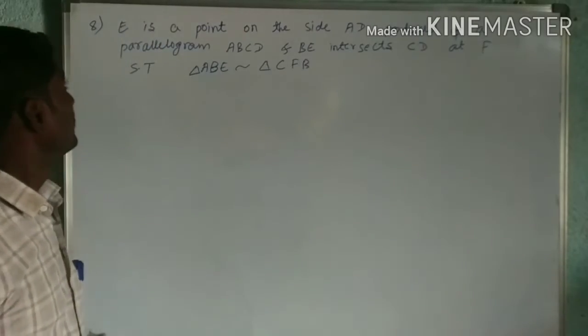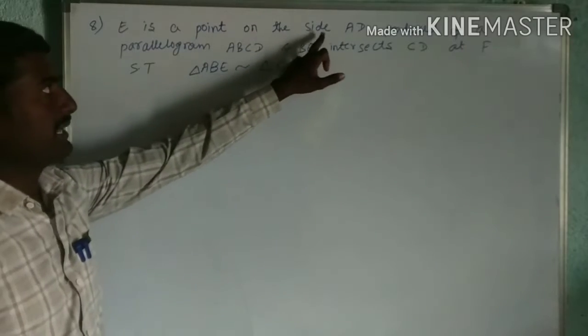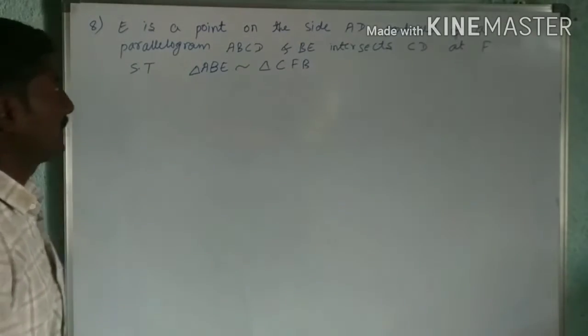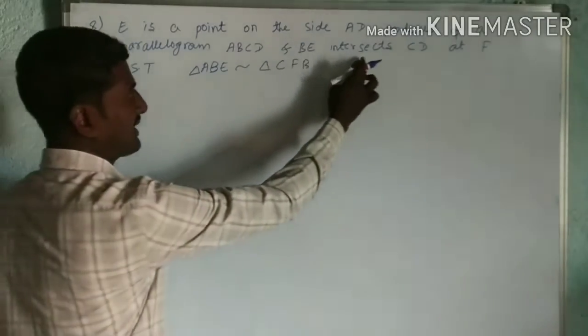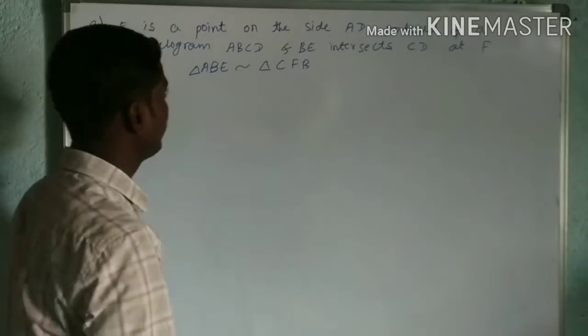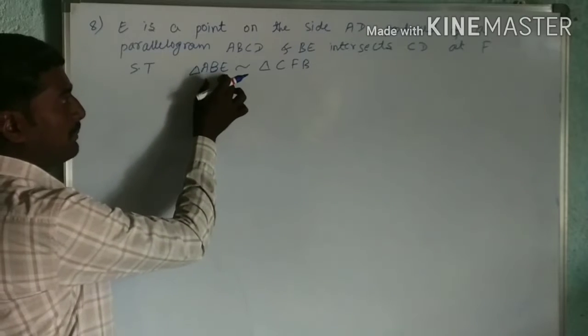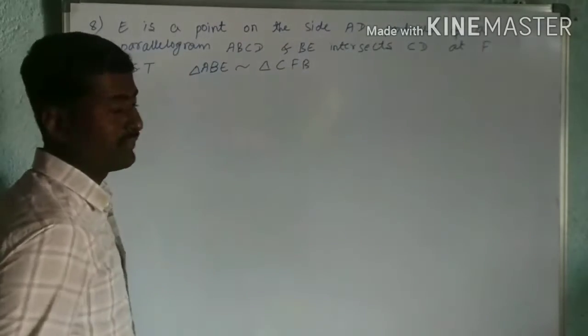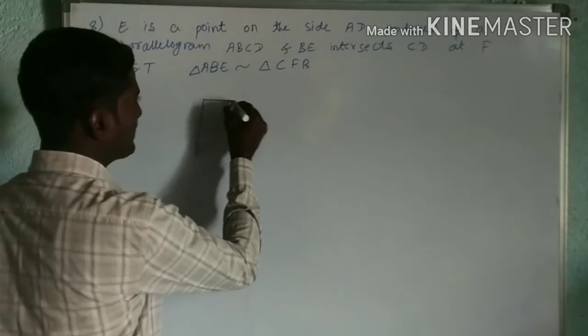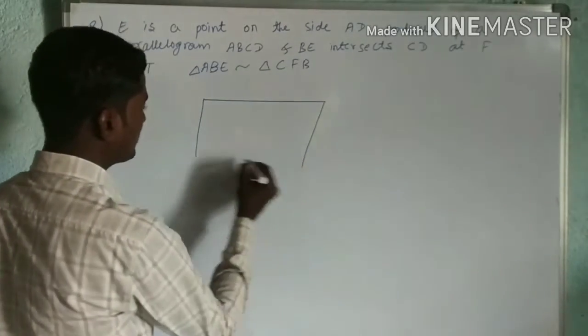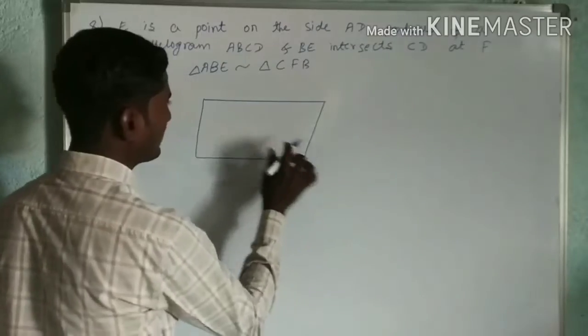Eighth question. E is a point on the side AD produced of a parallelogram ABCD, and BE intersects CD at F. Show that triangle ABE is similar to triangle CFB. First I shall draw parallelogram ABCD.